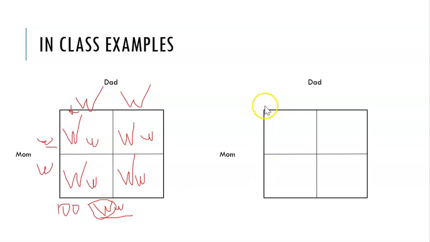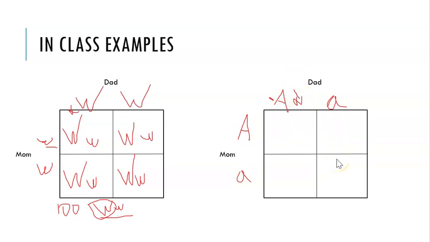Now you're probably wondering, what if, and we're going to use A's again because it's just easier, what if dad is heterozygous, so he's different, and mom's also heterozygous? What happens then? We're going to take this A and put it down. That's an arrow, guys.